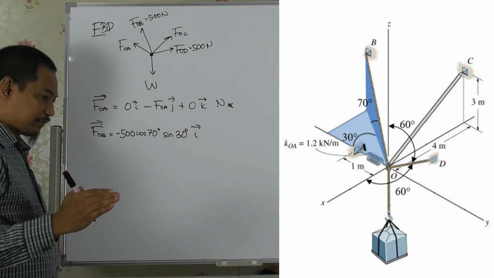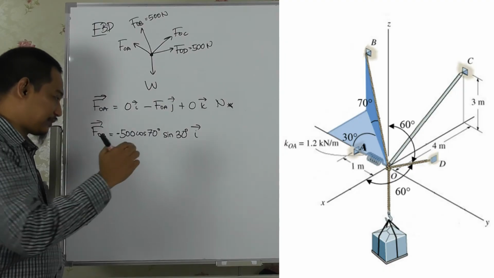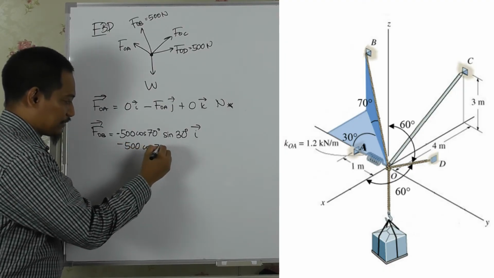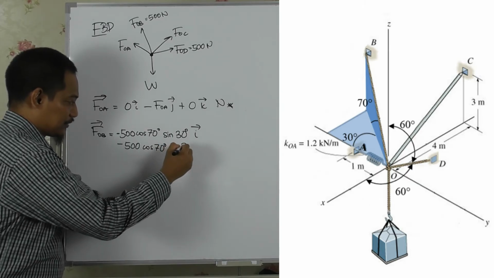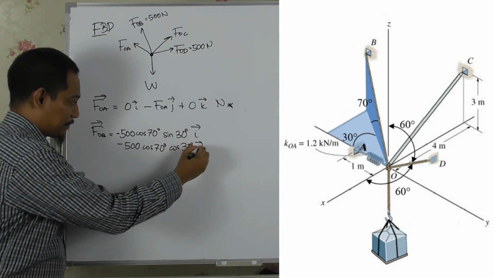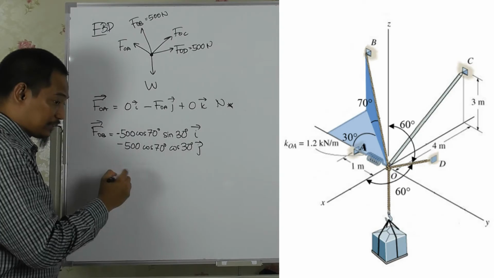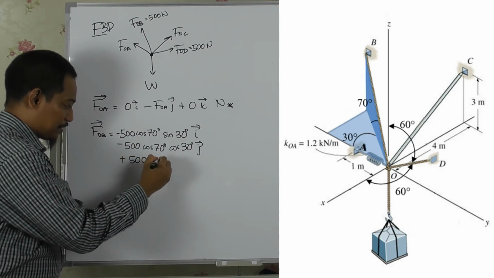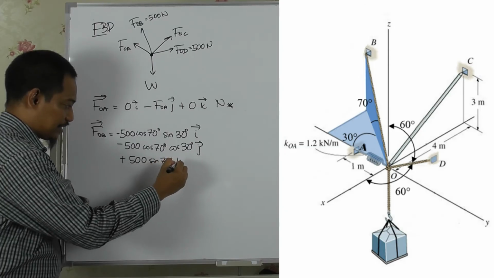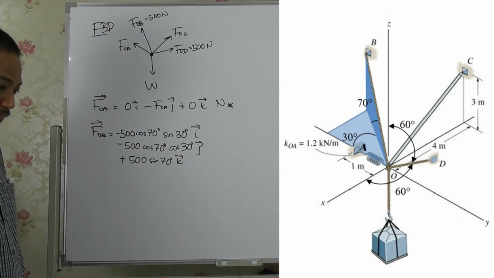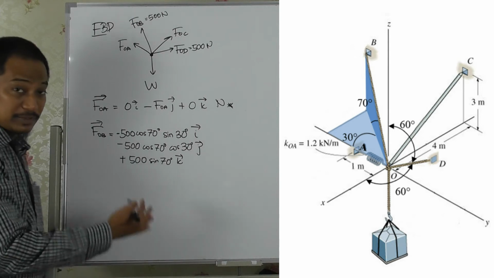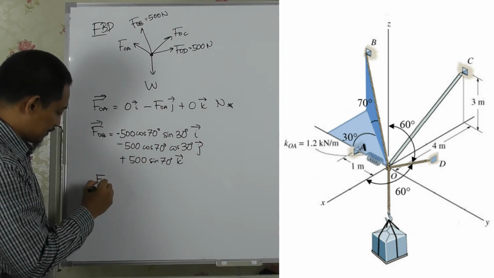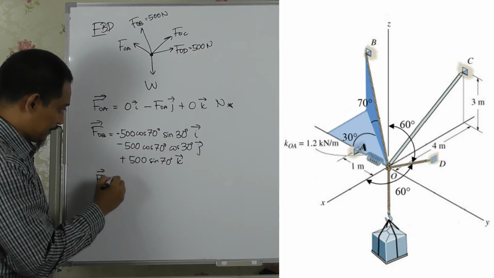And for the y component it is negative as well, so minus 500 cos 70 degrees cos 30 degrees j. And for z it is going upward, so plus 500 sine 70 degrees k. So this is from chapter 2 understanding. We just calculate and get the value.